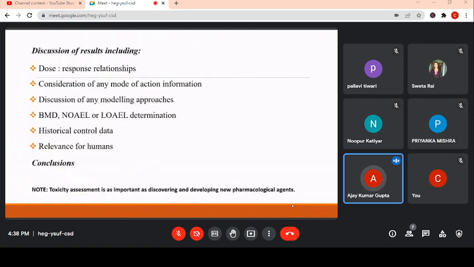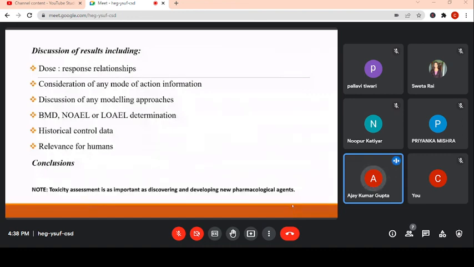Discussion of result including dose-response relationship, consideration of any mode of action information, discussion of any modeling approaches, BMD and NOAEL, as already mentioned above, determination, historical control data, relevance for humans.